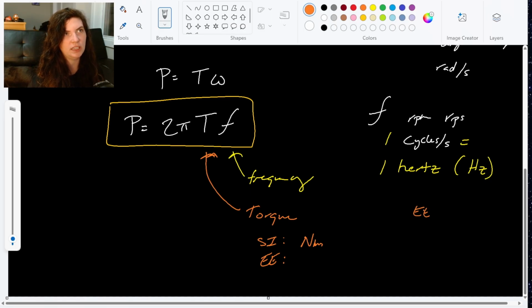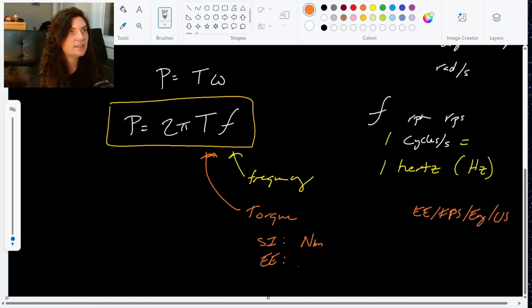You might see EE, FPS, English, US customary. All of those are names for the non-SI units. We can't even agree on one single name, apparently. We have to be so different from the standard SI units.